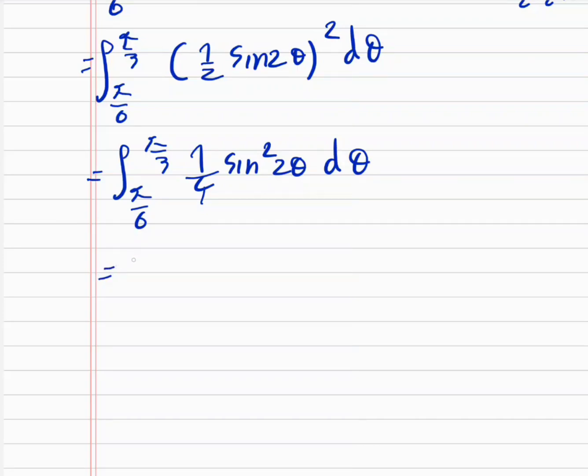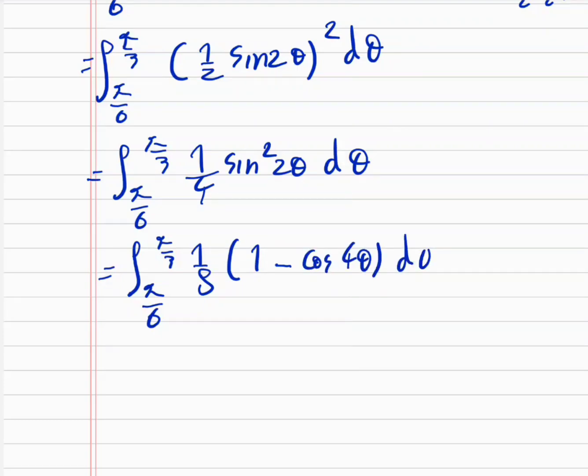Yeah, so by doing so and then factorizing, we'll have 1/8 times 1 minus cos 4 theta d theta.